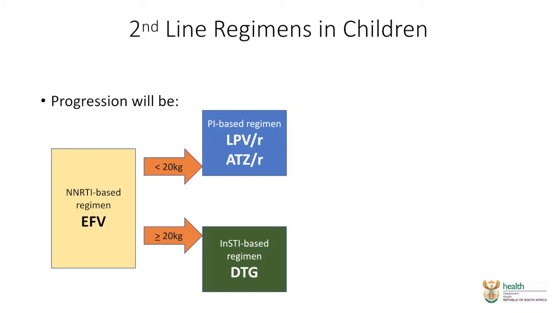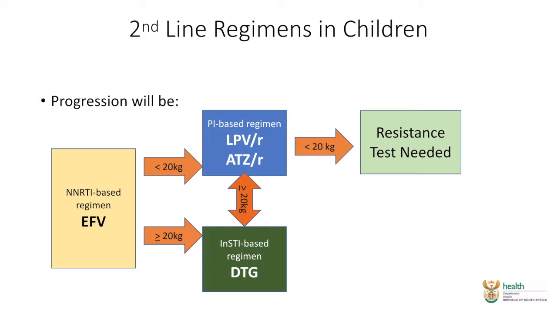But if they are under 20 kgs, they will have to go onto a PI-based regimen. Then when they become 20 kgs, they could switch. And if they fail these ones, you could switch, but there's a big but here. Resistance test is required because we must ensure that at least one NRTI is active.